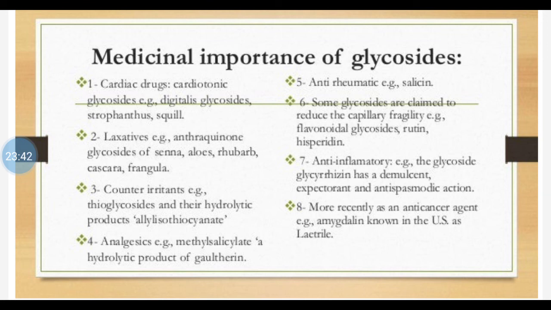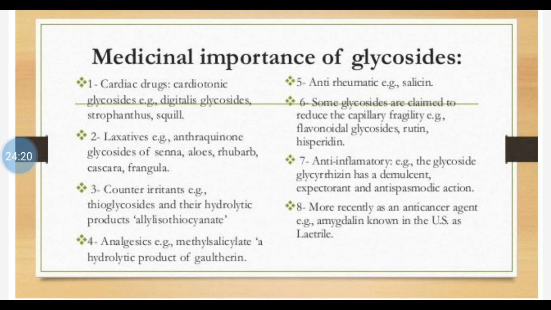For example, digitalis we have covered, squill we have covered in miscellaneous drugs, and strophanthus is another example. So this is one of the first medicinal importances of glycosides, that they can be used as cardiotonics. Then laxative drugs we have covered: senna, aloe, rhubarb, cascara. This is another important use of glycosides.